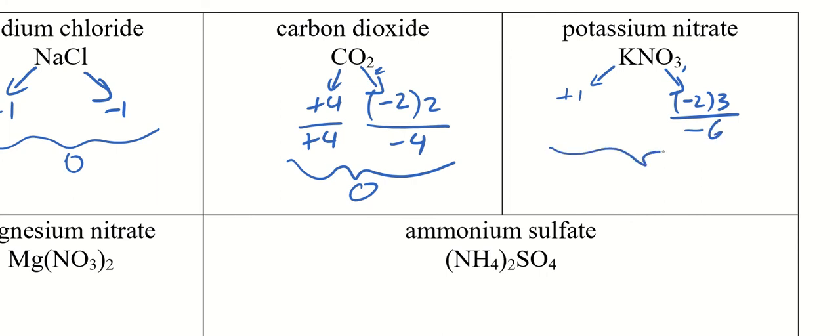Now, because the oxidation state of a compound is 0, this -6 would have to be balanced with a +6, which means, since potassium is +1, nitrogen must have an oxidation state of +5.